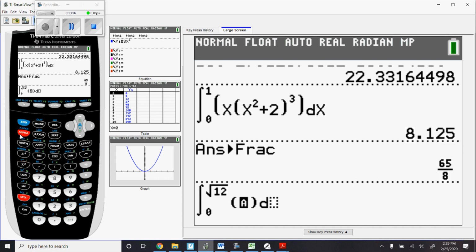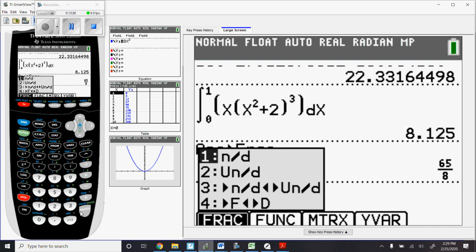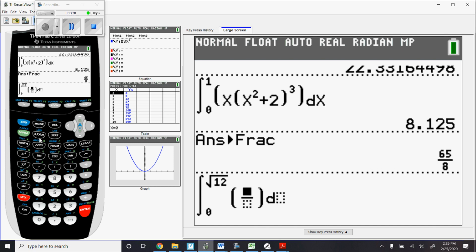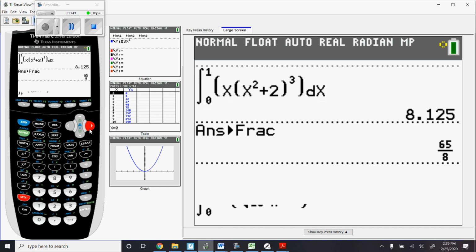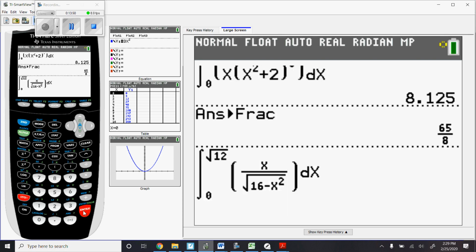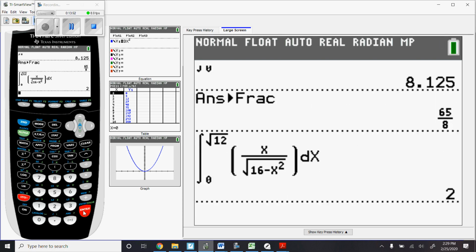And my function was x over the square root of 16 minus x squared dx. Oops. And it spits out that correct answer of 2.